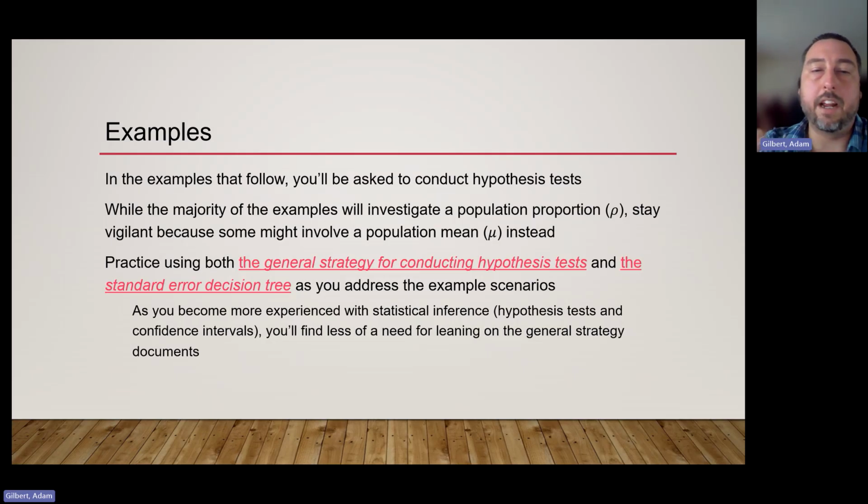We just won't flip back and forth to it. But you'll notice if you have your sheet out while you're watching this video that we are going through the steps from that framework. Slowly but surely, as you do more problems, as you work through more hypothesis testing scenarios, you'll need that strategy sheet less and less. But for now, feel free to continue leaning on it.